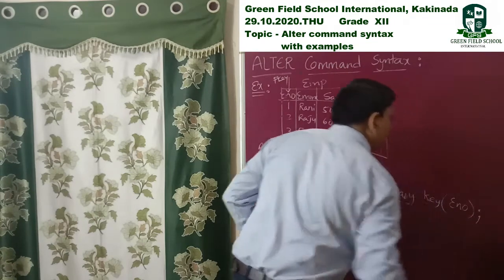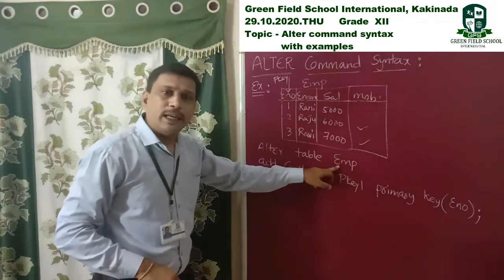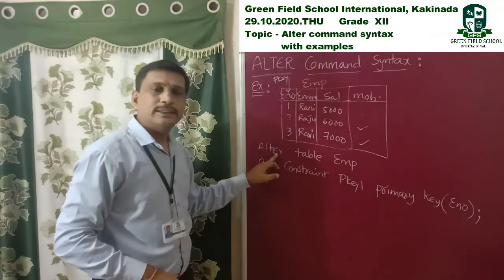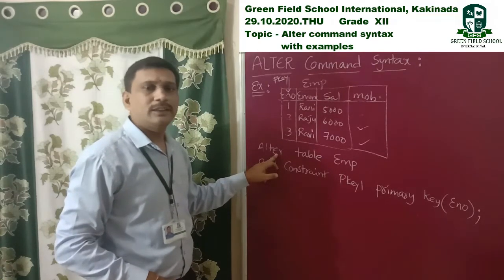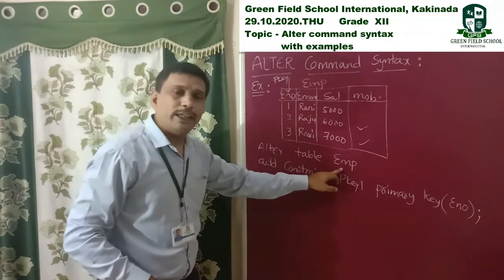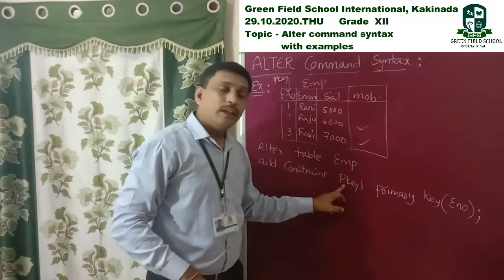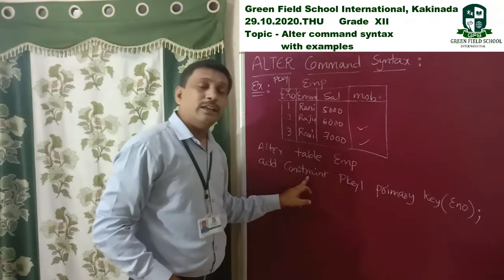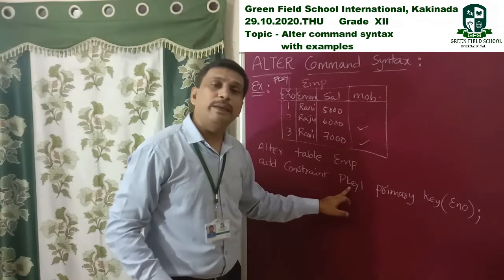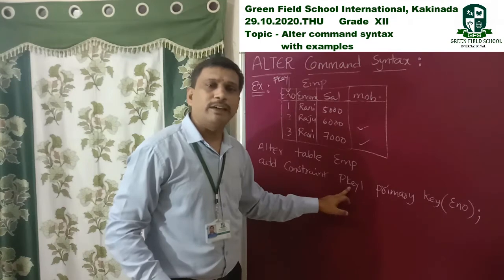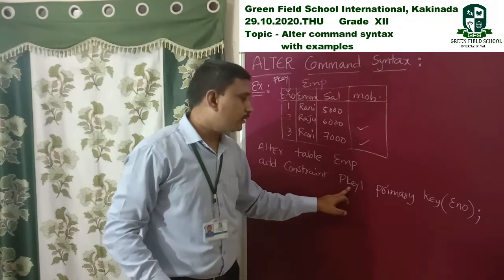So for this employee table I want to change the table structure. For this employee table I add one constraint with the name pk1, p key 1 meaning primary key 1.